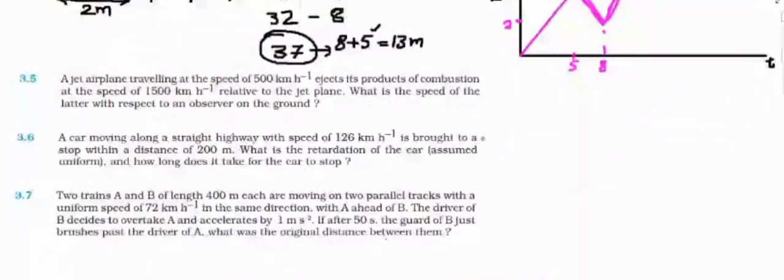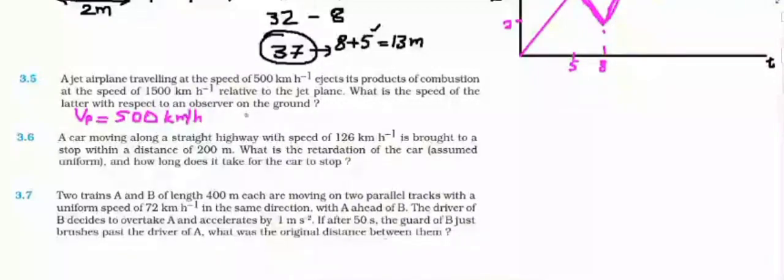Then next, question 5. A jet airplane traveling at a speed 500 km per hour. So velocity of the plane is given, 500 km per hour. Ejects its products of combustion at a speed 1500 km per hour relative to plane.